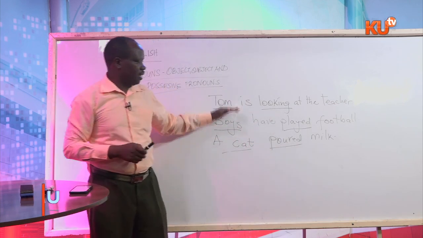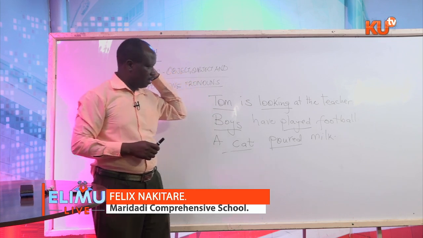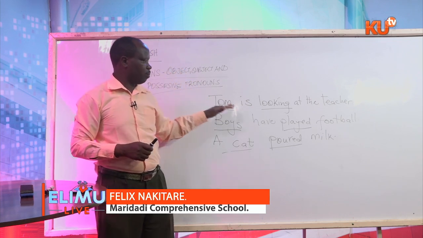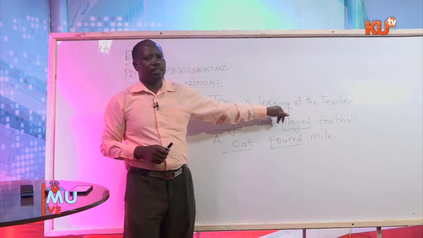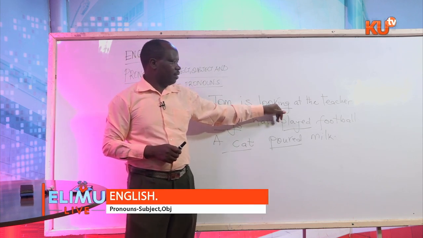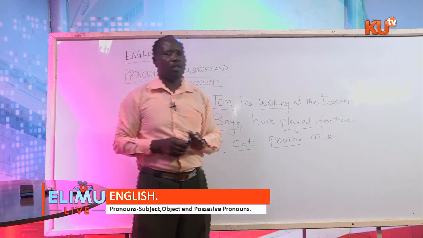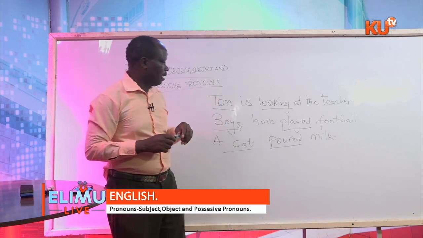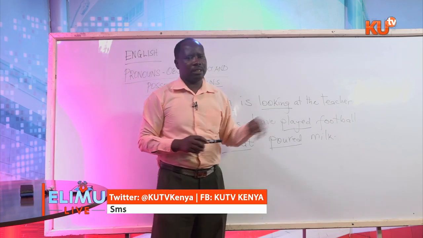In each of these 3 sentences, we've looked at the 2 parts that we learned in our sentences in the previous lesson. We have the subject, we have the verb or action. Then the last part that we learned as 3 important parts of a simple sentence, after subject and verb, we have object.